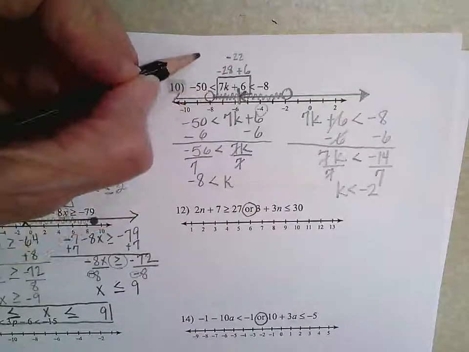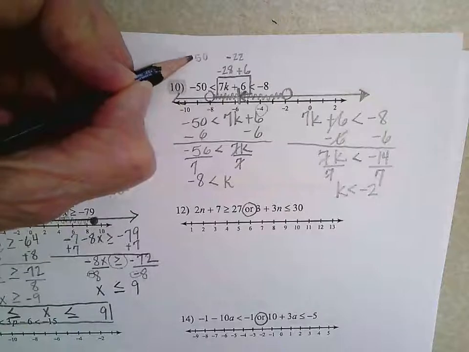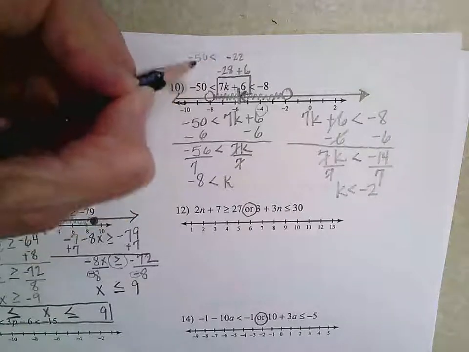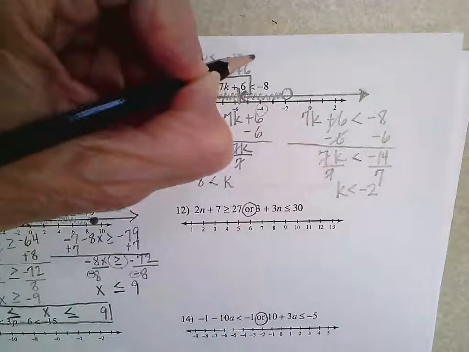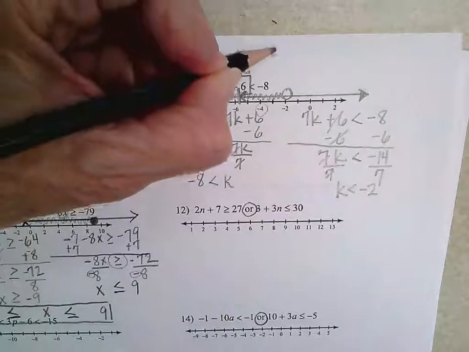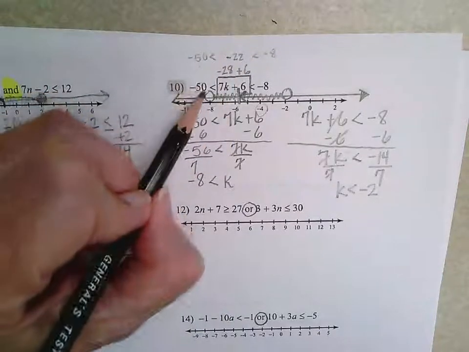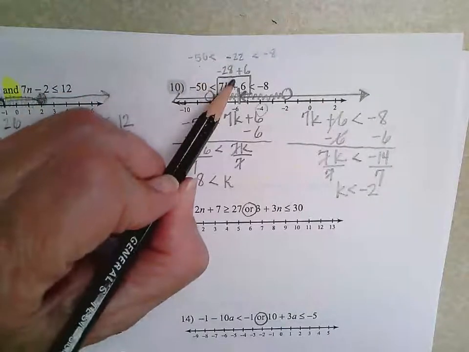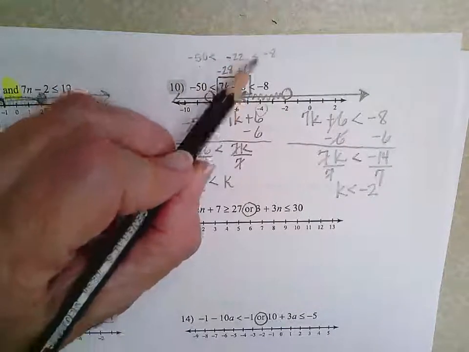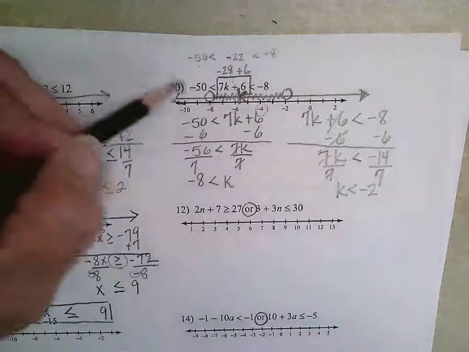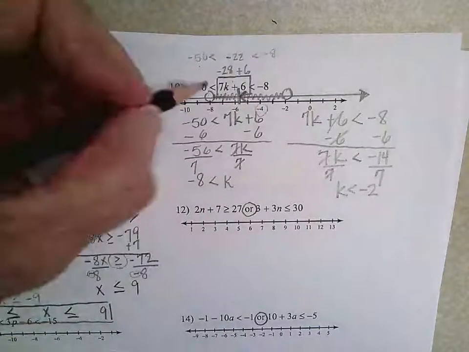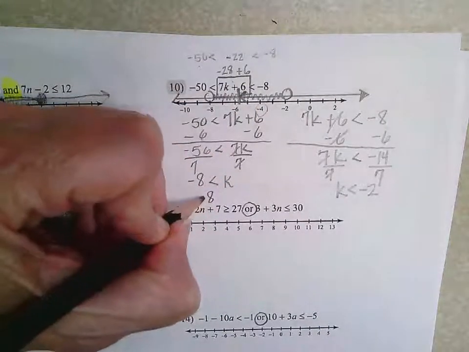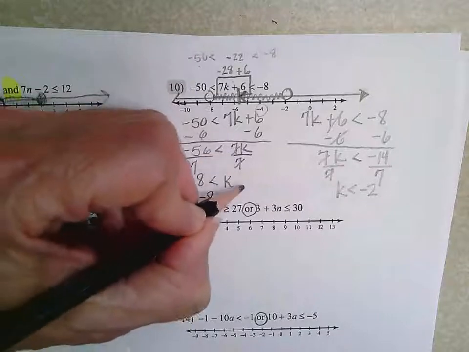So then when I write the other values that are in this inequality, I can see that -50 is less than this quantity, which is -22, which is less than -8. So I think I've got my graph correct, so now it's time for me to write my final answer.